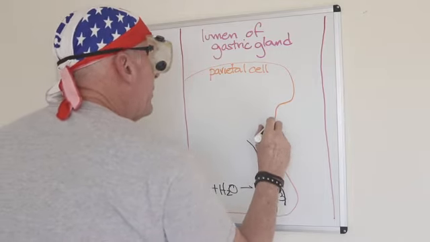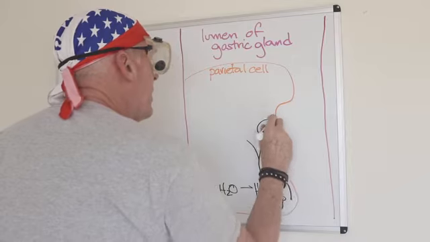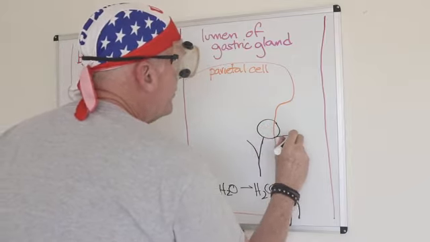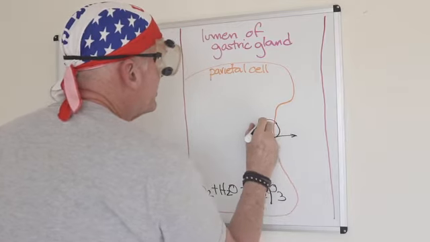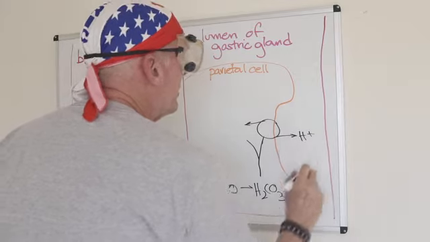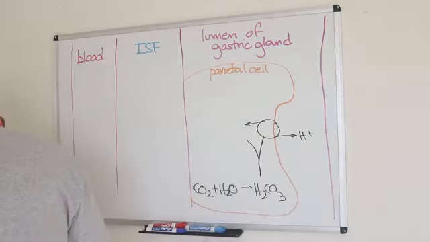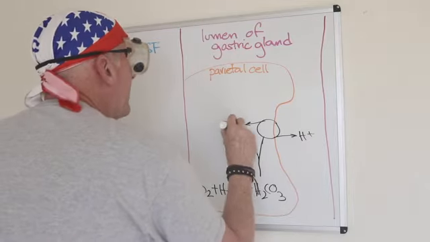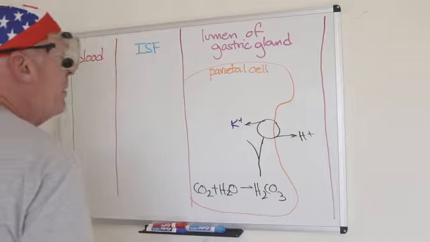So here, we run into one of our old friends. We have an old friend who moves a couple of things in opposite directions. It's an antiporter. And it sends hydrogen this way at the same time that it is sending potassium this way. It's a hydrogen-potassium pump.